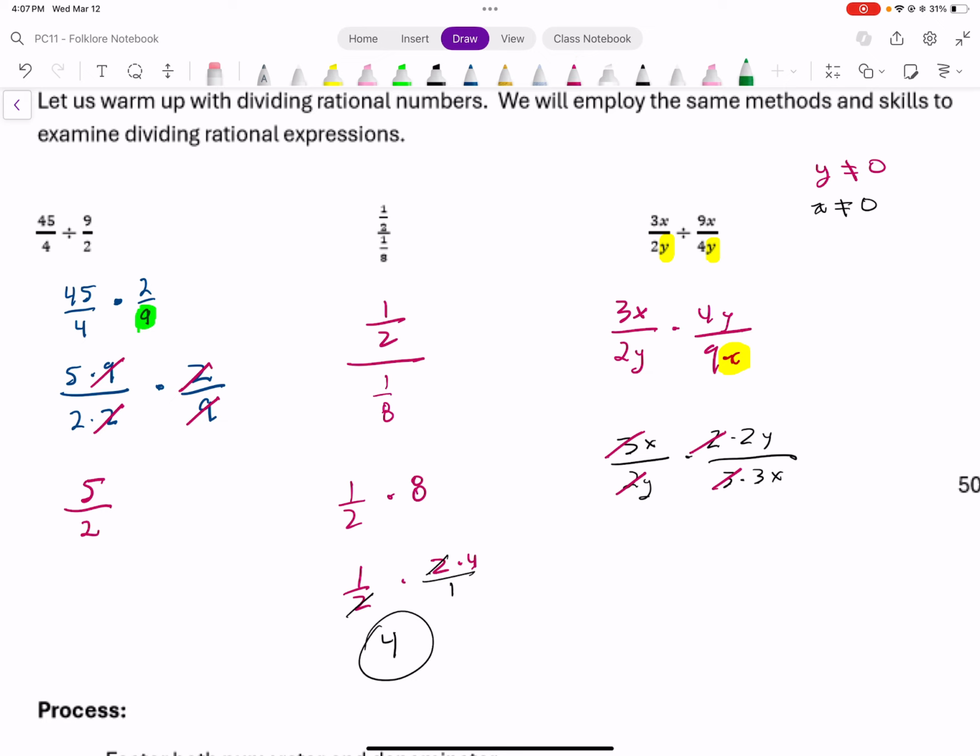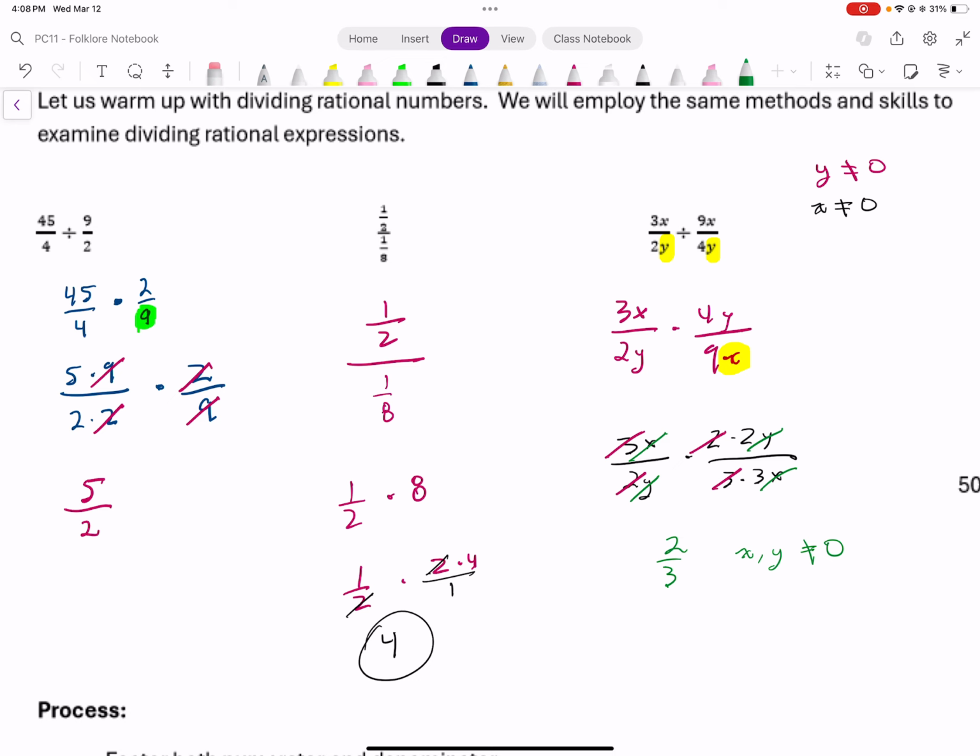I have a common factor of x that I can cancel out. And take a look at the denominator. I have a factor of y, and the numerator has a factor of y. So that was a lot of factors I was able to cancel out. What I get is 2 over 3. However, x and y cannot be equal to 0.